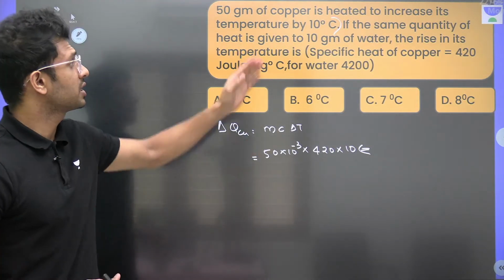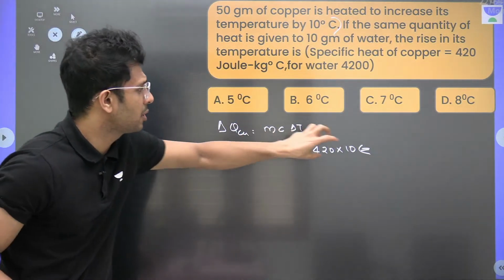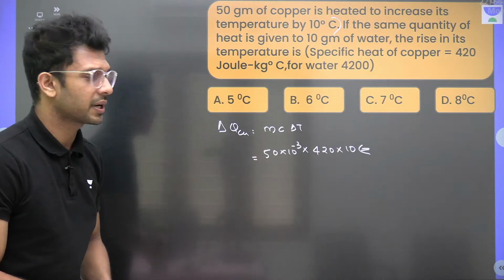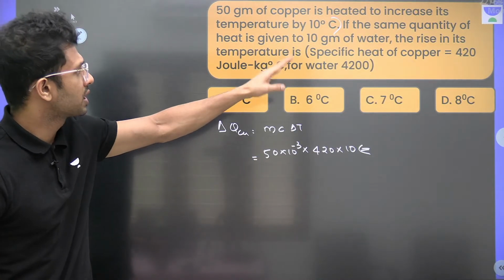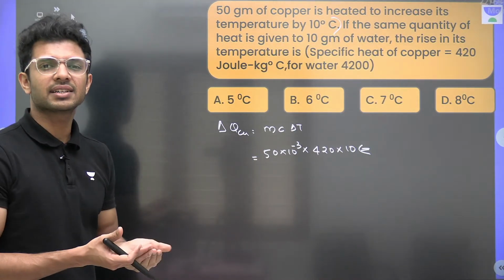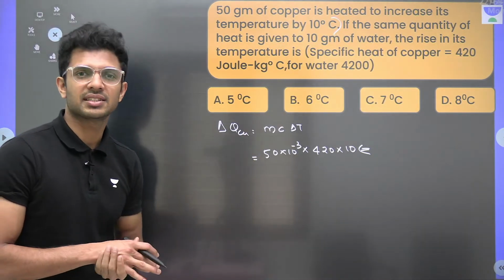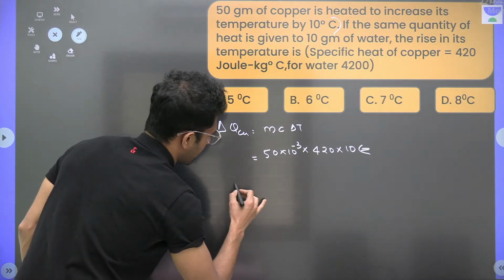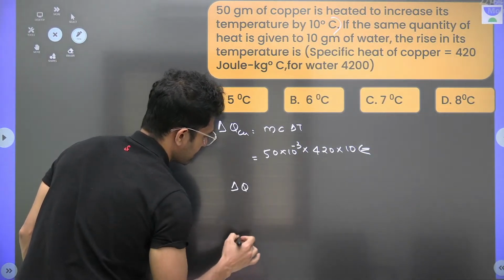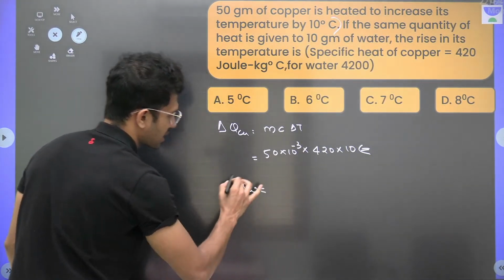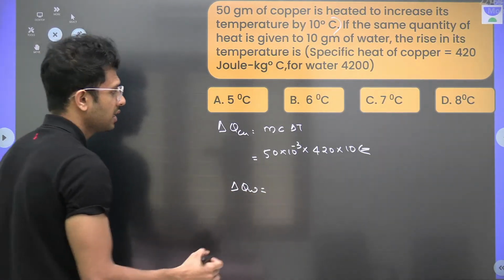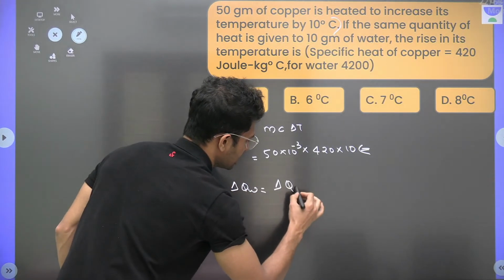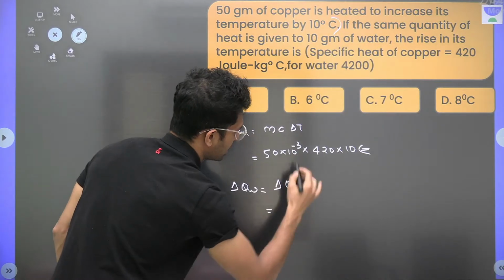In the question it also says that the same amount of heat energy is given to water at 10 gram. So if that is the case, how much will be the increase in the temperature of water? Here it is given that delta Q of water, the heat energy given to the water, is equal to the heat energy given to copper. And how much is that value?